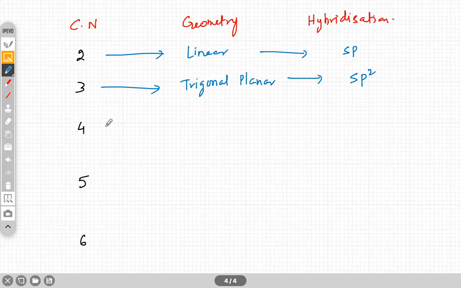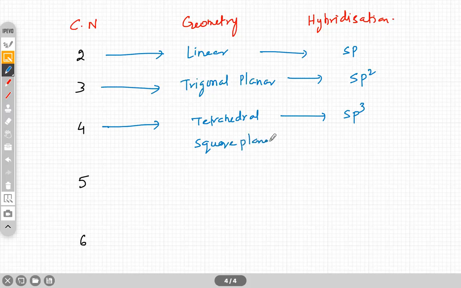If it is 4, then two different geometries are possible according to the hybridization. If it is tetrahedral, hybridization is sp3. If it is square planar, it is dsp2.